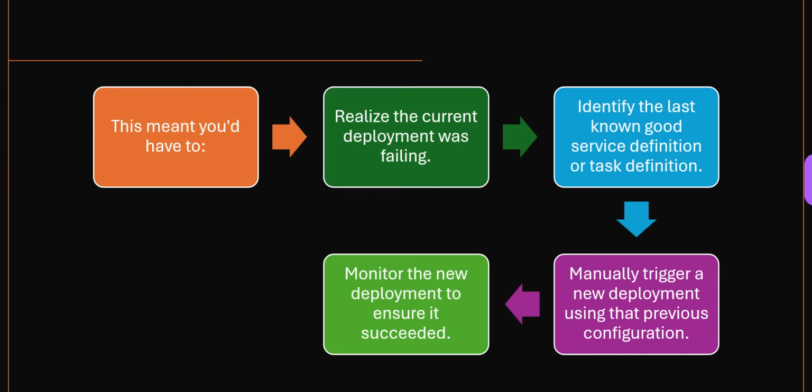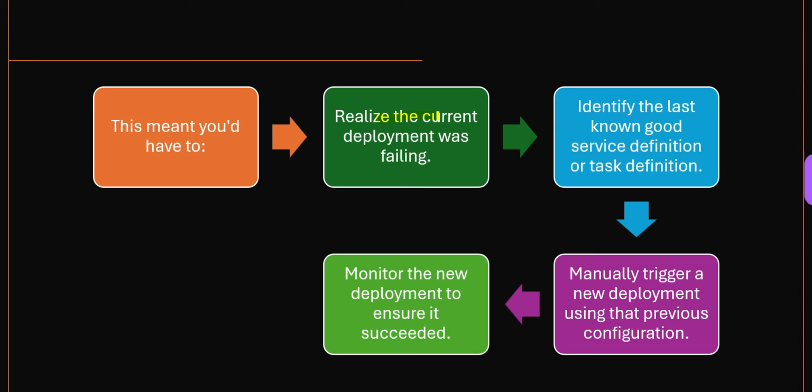So in the absence of automation, you had to realize the current deployment was failing. First, that is the first step. You have to realize that there is a mistake happening. Even with human beings, you have to realize that you were wrong at that point. Once you have done that, you identify a new good service definition.